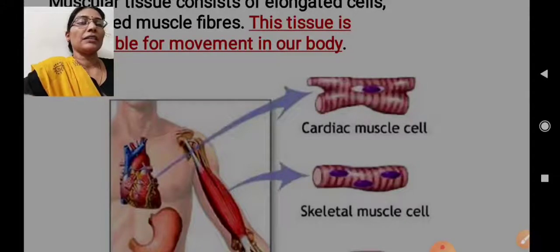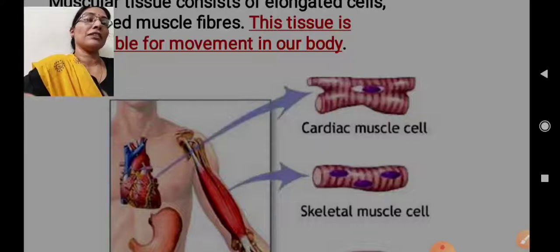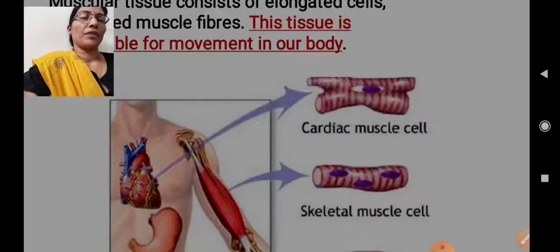So cardiac muscles are branched and attached to each other. United they stand. They are united with one another, so they have more strength. When you combine 10 sticks together and try to break them, you cannot break them. But you take out one stick and try to break it, you can easily break it.